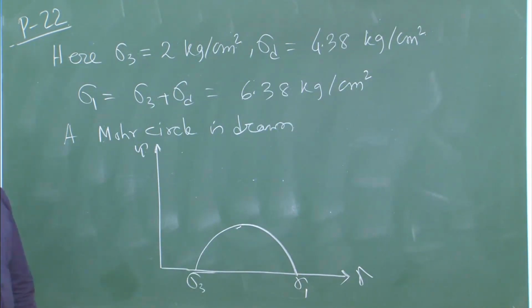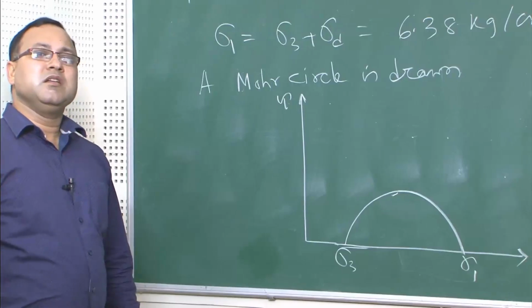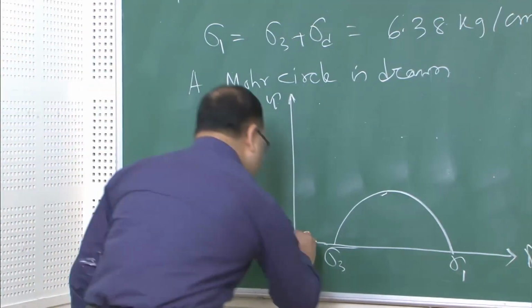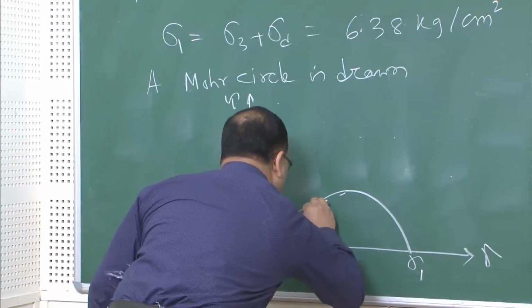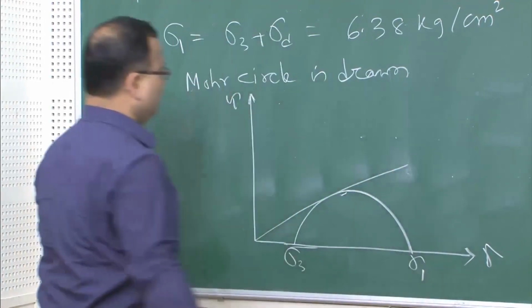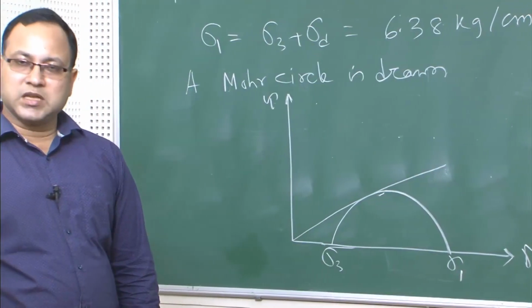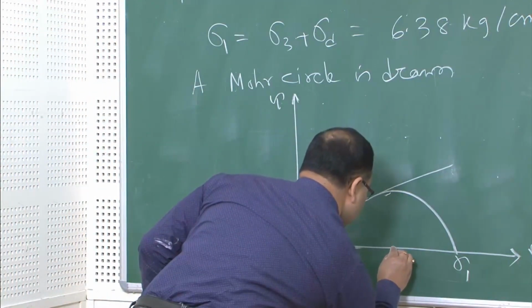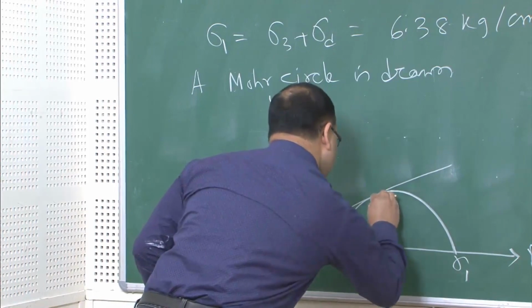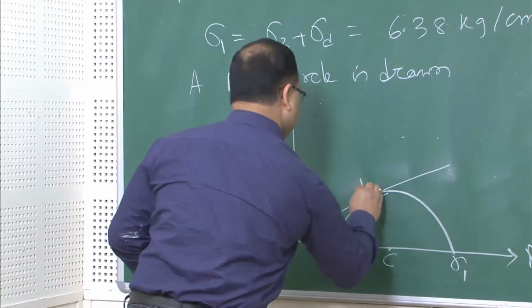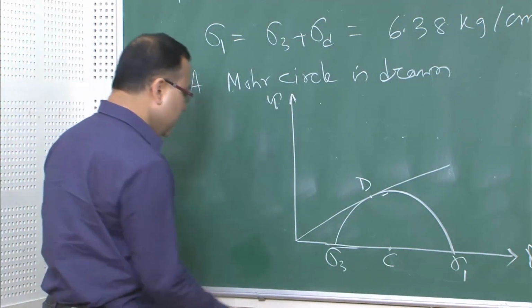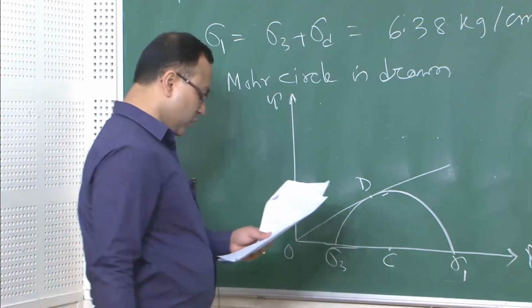The Mohr circle should touch the failure envelope, then only it will be the Mohr circle corresponding to the failure of the sample. So, it will be tangent to the Mohr circle at failure. This is the center of the Mohr circle, say C. The point where the Mohr circle is touching the failure envelope is D, and this is the origin O.